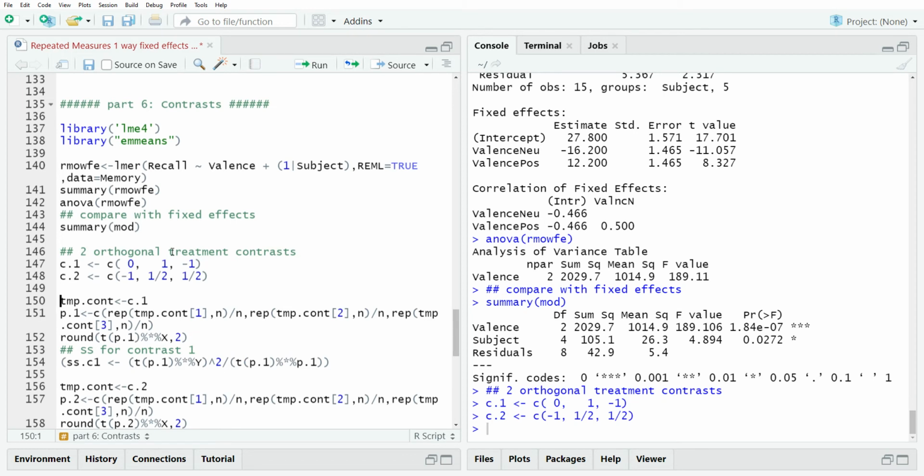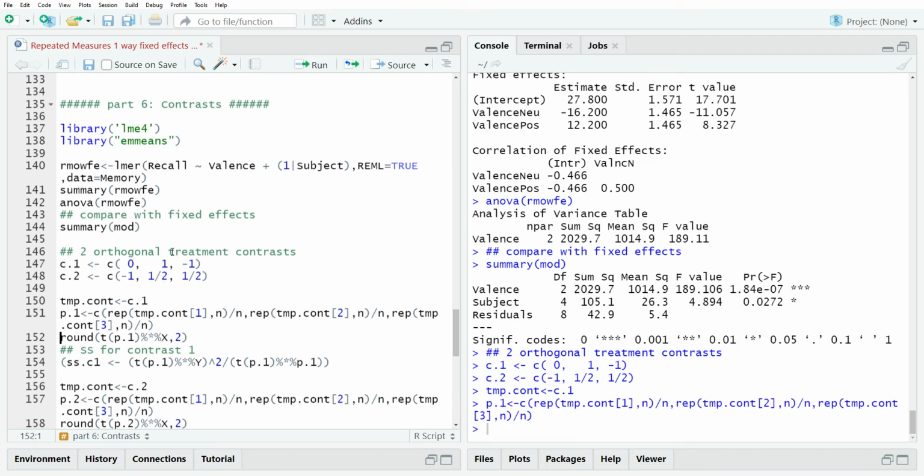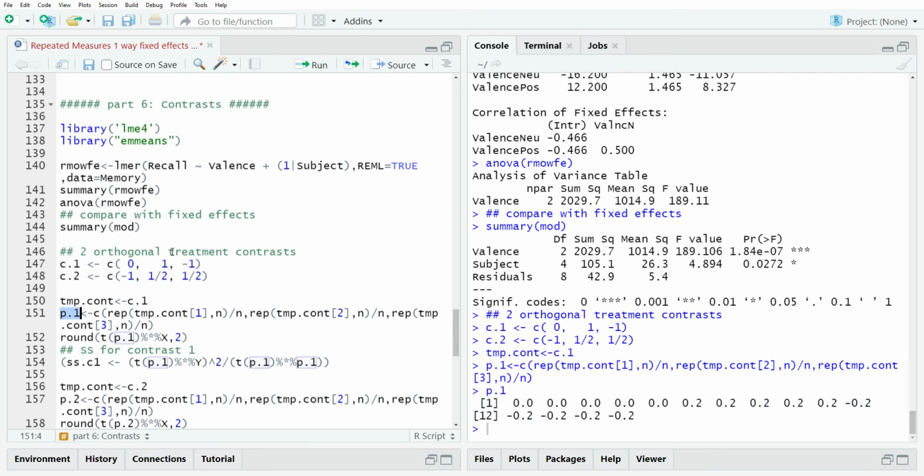So let's look at the first contrast. I put it in temp contrast, which I didn't need to do, but I create a P1. Let's look at it. If you look at my 4 videos on contrast and one-way fixed effects ANOVA, this will make more sense. What you do is take the first component, this C1, repeat it 5 times, and then divide each of those by n.